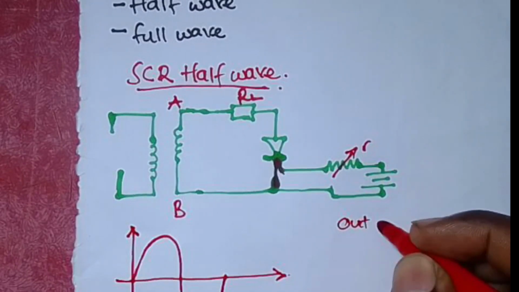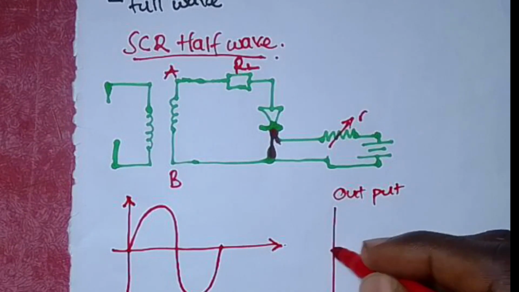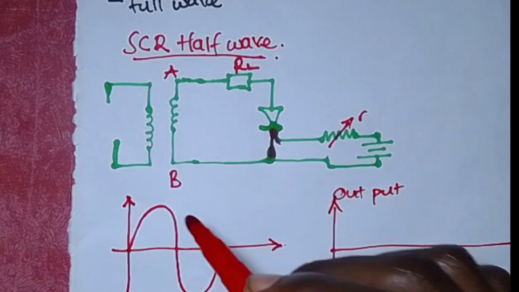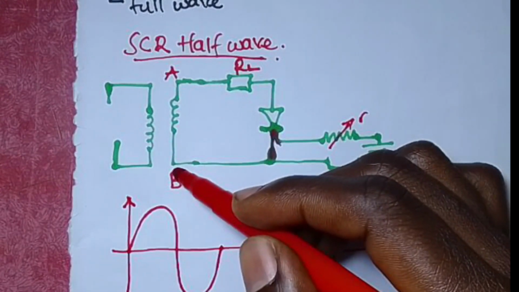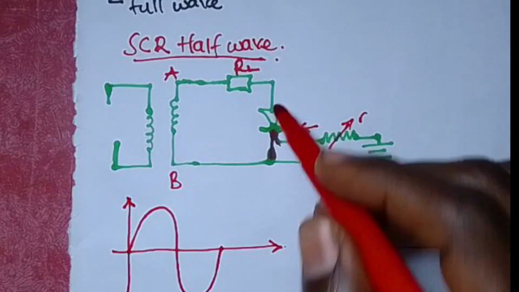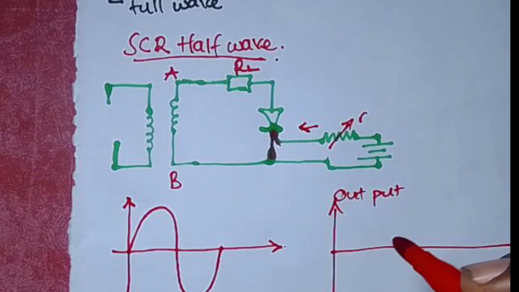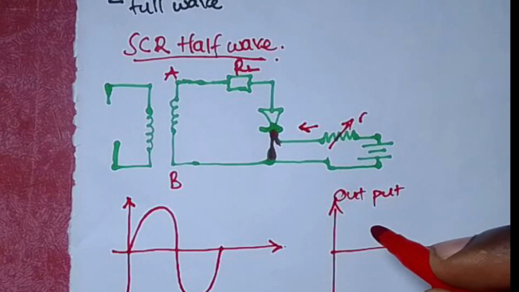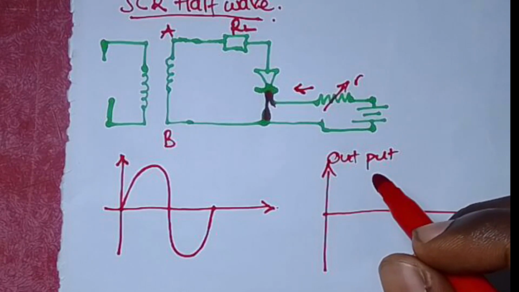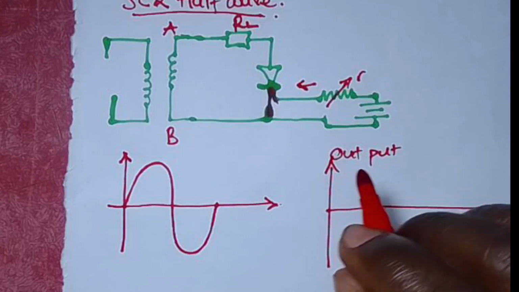So I'll have an output at this point here. During the first half cycle, when end A is positive relative to end B, and provided that this has been triggered, the SCR will conduct at a certain voltage V. And during the negative half cycle, when end B is made negative relative to end A, the SCR will be turned off and will not conduct.